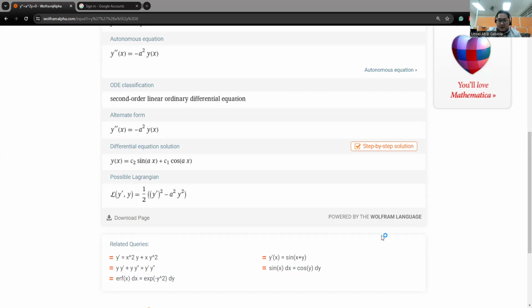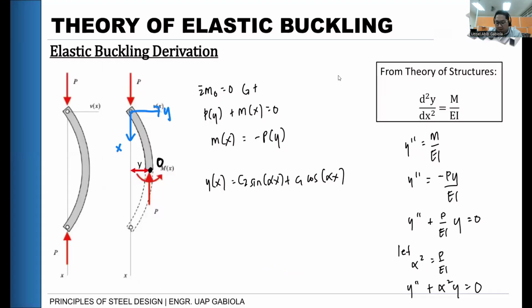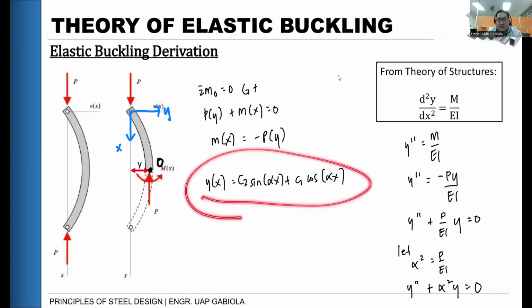Mas maganda ginawa ko na lang yung solution from the internet kasi for the purpose of explanation lang naman ng value ng P yung ginagawa natin. Okay? So again, ito yung nakuhang value ng equation. And as you can see, itong differential equation na to, ito yung solution niya.